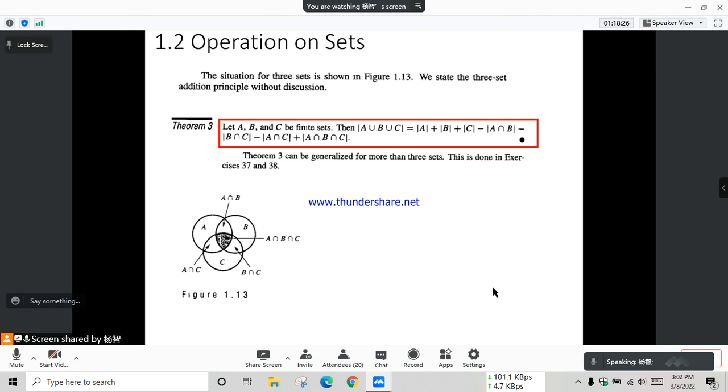Okay, theorem 2 is the inclusion and exclusion property for two sets.